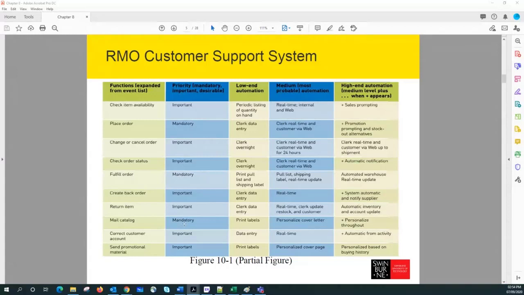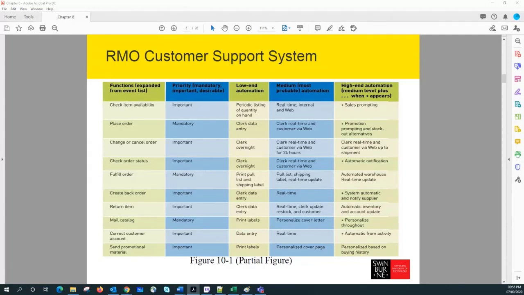And then they define what level of automation alternatives we can provide for each of these use cases, the business functions. So they have come up with three alternatives: what the lowest end of automation is, what the medium level of automation looks like, and what the highest level of automation looks like.